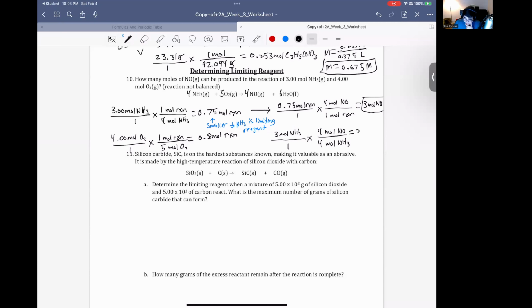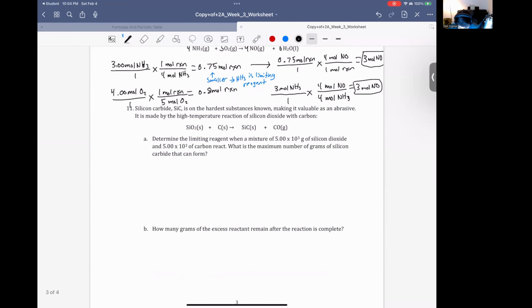And then you still end up with 3 moles of NO. So either way works, however you prefer to look at it, using your stoichiometry, right? Going back, and then, I mean, it's still a form of stoichiometry, right? With the reaction. Okay. So that's it for 10.